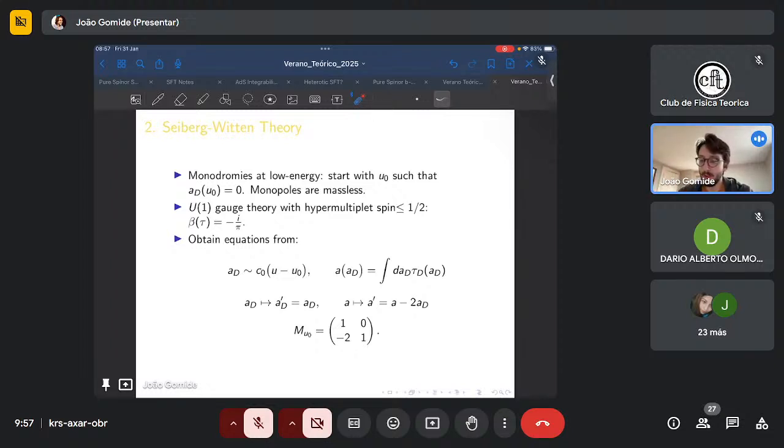We write the dual coordinate and the original coordinate in terms of u at this point and see how it changes as u goes around e^{2πi}u, to characterize how the auxiliary space looks near this point. We'll see that the coordinates at these points get transformed like this.